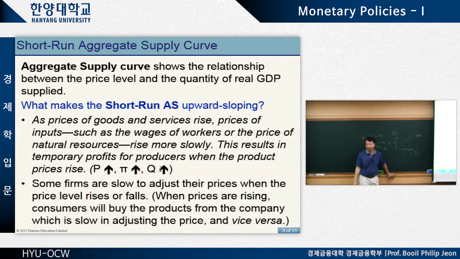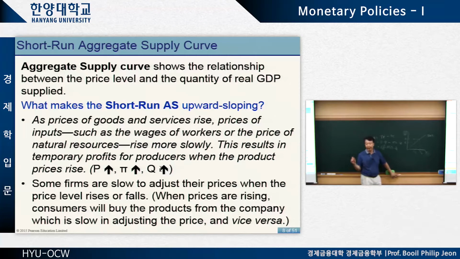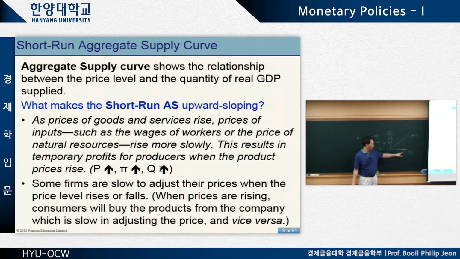Eventually, given sufficient time, the input price will catch up with the output price, which means the profitability returns to the original level. So the output will return to the initial level, and as a result, we're going to have a long run.